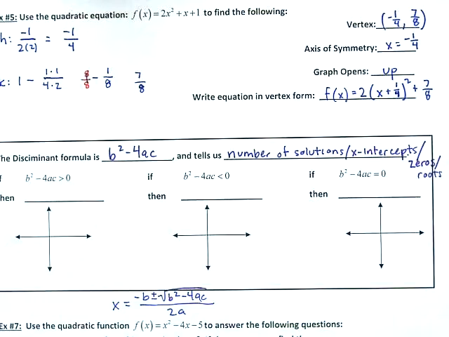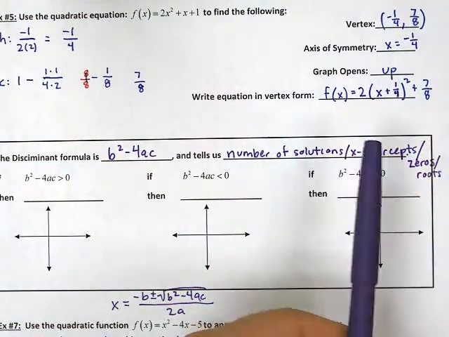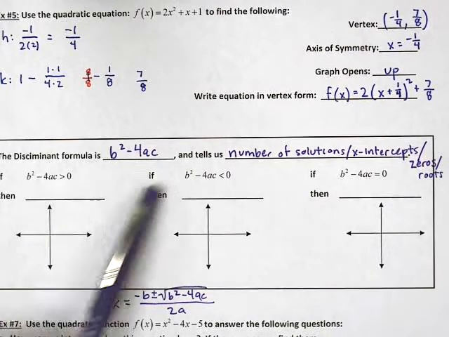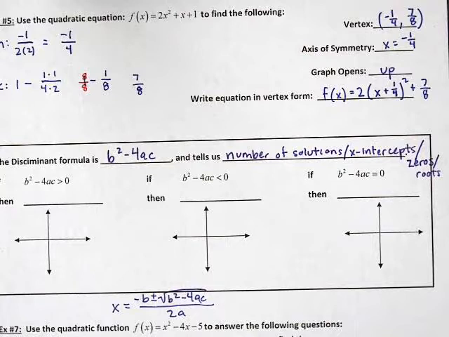Okay, so if you guys see something asking for solutions, x-intercepts, zeros, roots, what are we talking here? We're talking about finding the solutions where it crosses the x-axis, okay? And if we're talking about finding the number, then this is what you're looking for. You're looking for the discriminant.